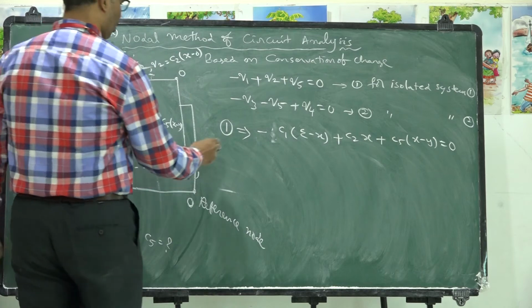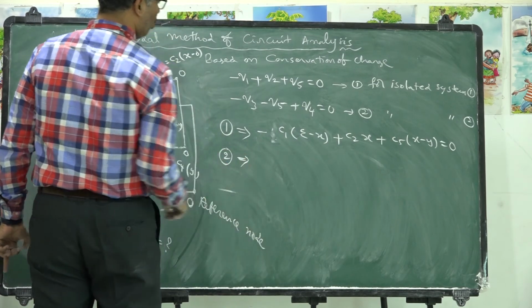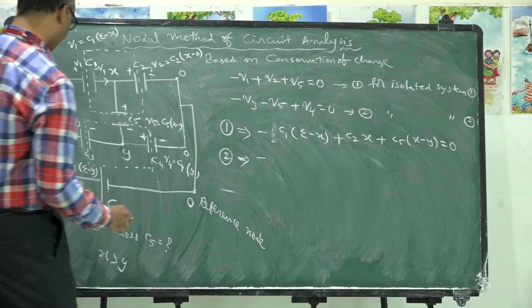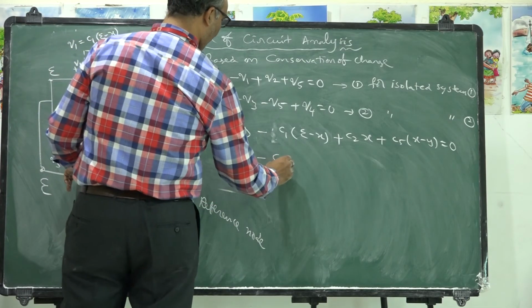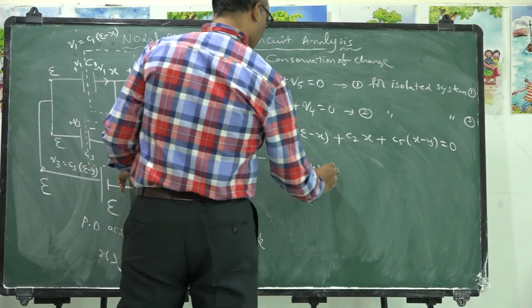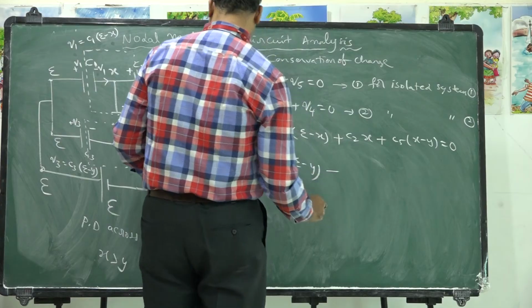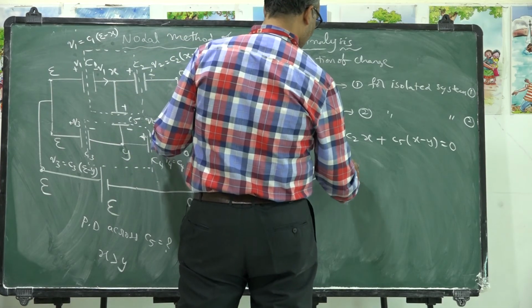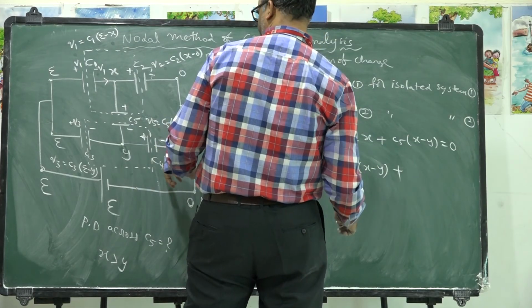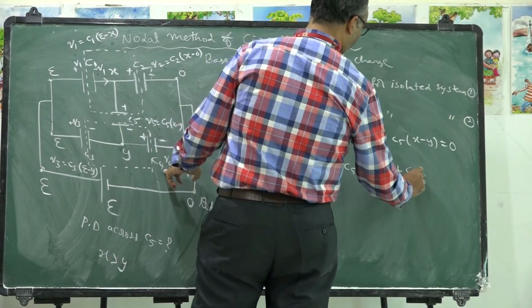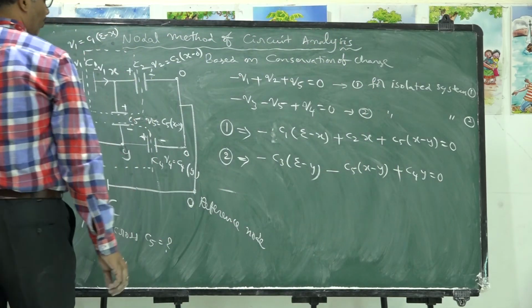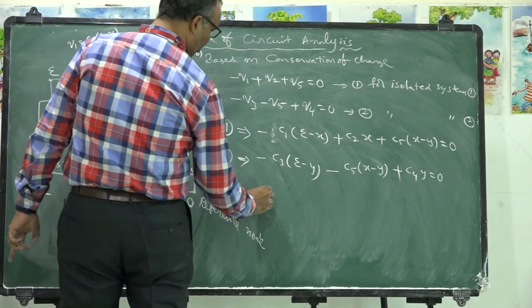Similarly, from equation number 2, we will get minus q3, C3 into E minus Y, minus q5, C5 into X minus Y, plus q4, C4 into Y. Sum is equal to 0. How many variables are there? 2 variables. What are they?